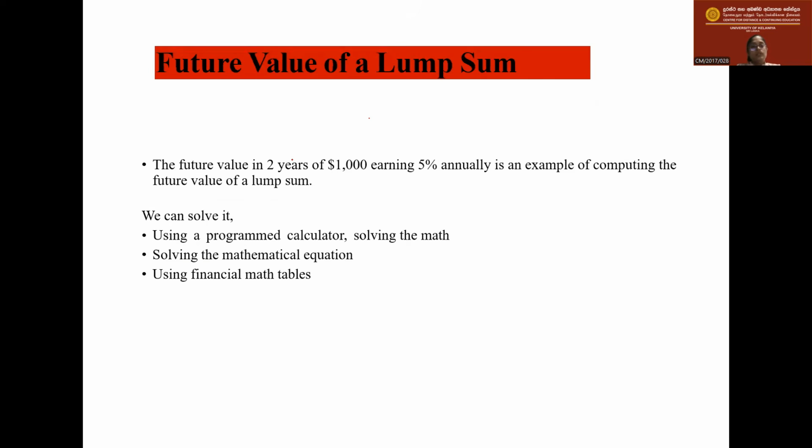Look at the example here. The future value in 2 years of $1,000 earning 5% annually is an example of computing the future value of a lump sum. We can solve this question using 3 methods. First, I'm pretty sure you will have a programmable calculator or a scientific calculator for solving the math.